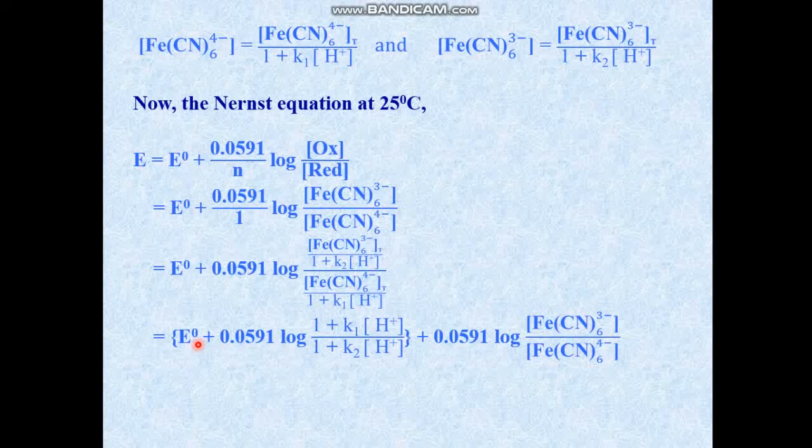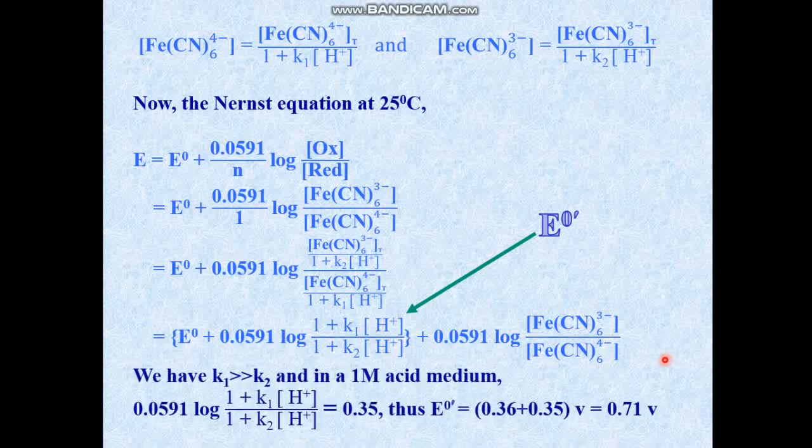So this theoretical value of E0 is increasing, and this is actually the E0 dash value, which is called the formal potential. If you take a 1 molar acidic solution and put H plus concentration as 1, then you will find that this parameter is 0.35 volt at 25 degrees.